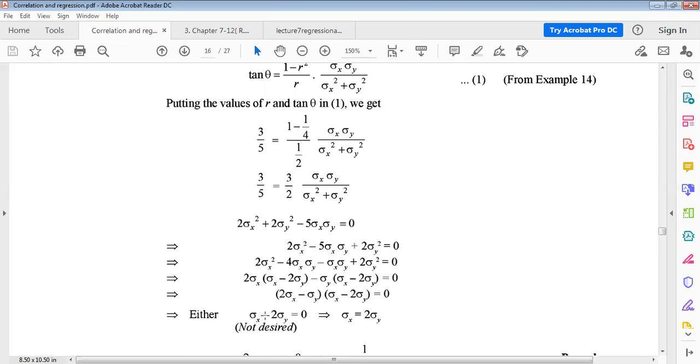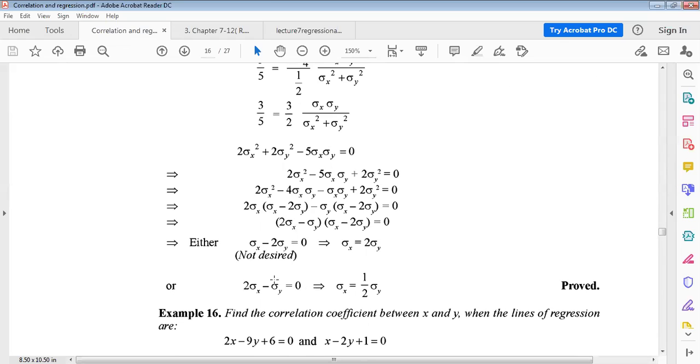We get two values: sigma x minus 2 sigma y equals 0, that means sigma x equals 2 sigma y, and another one, 2 sigma x minus sigma y equals 0, that means sigma x equals half sigma y. This one is acceptable, and this one, where sigma x is 2 times, is not acceptable. Sigma x and sigma y cannot be 2 times.